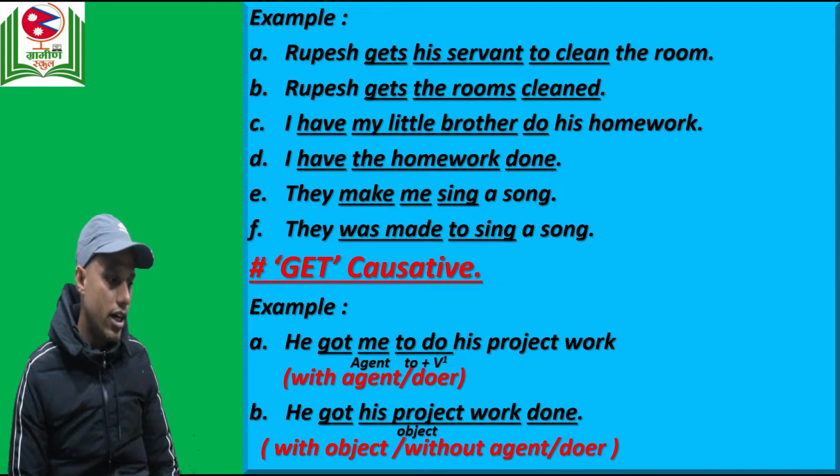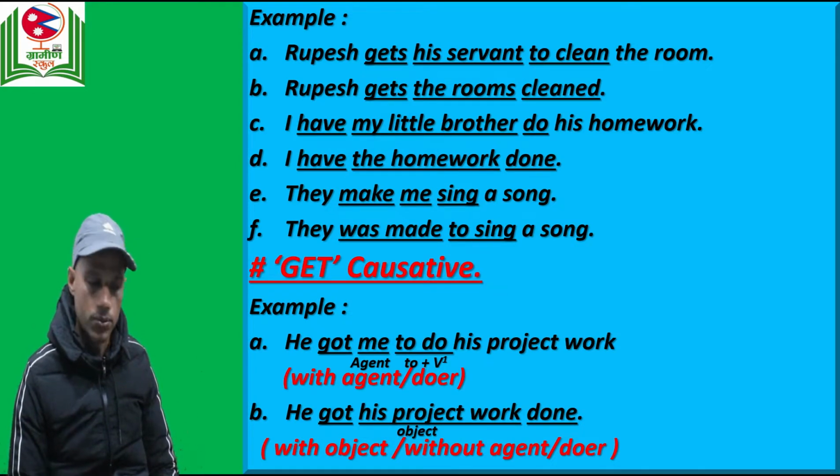In number D, I have the homework done. Now let's notice the difference between these two sentences, number C and D. Yes, in number C we have agent or doer of the action, so we have used only bare infinitive form of verb, that is verb one form. But in number D we have object in the place of doer, so we have chosen past participle form of verb.